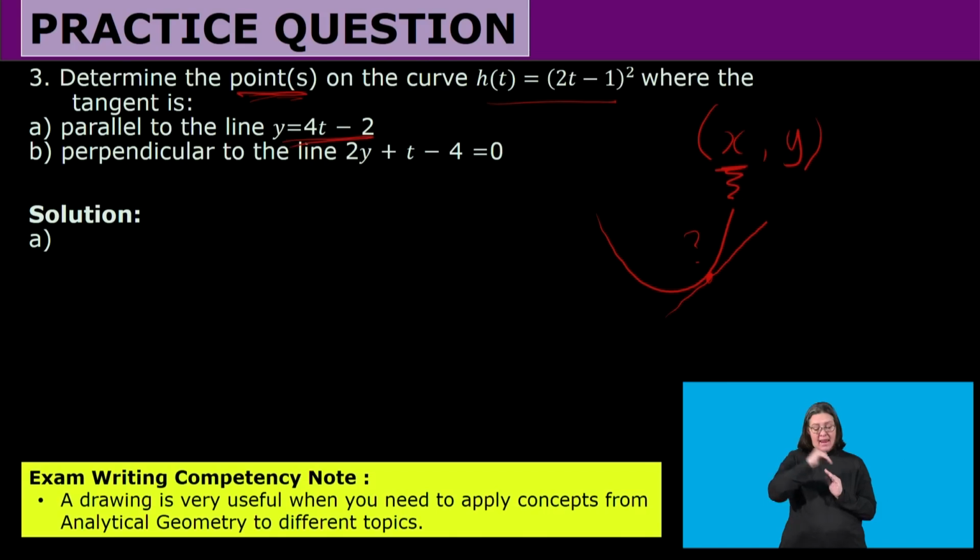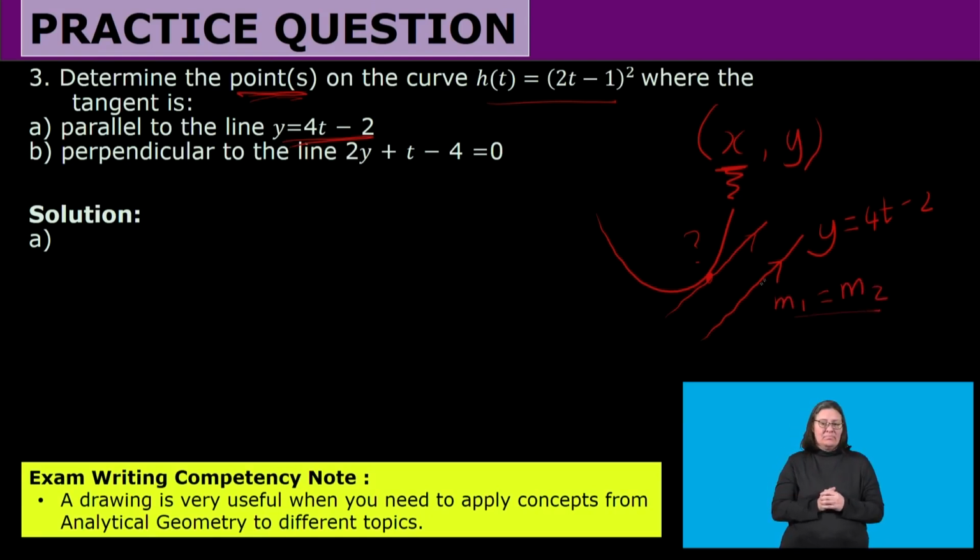And this tangent line is parallel. So do you see your analytical geometry concepts are coming in here? This tangent is parallel to another line. This line here has the equation y is equal to 4t minus 2. So when we're talking about parallel lines, the important concept that we learned from analytical geometry is that the gradients of parallel lines are equal.